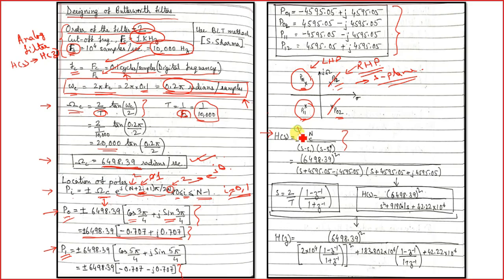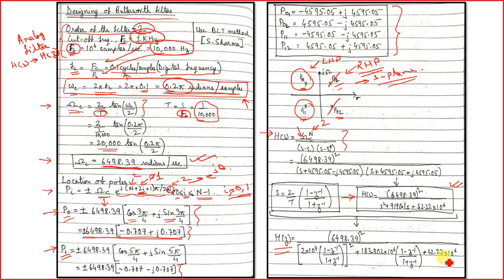So omega c, you know, order of the filter, you know it's 2. You just put in the values. So you get Hs something like this, and then in this Hs you will be putting S equals to 2 by T (1 minus Z inverse) divided by (1 plus Z inverse) to get Hz value.